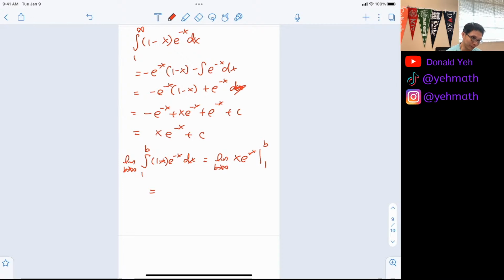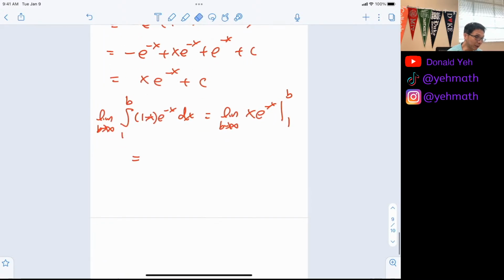All right. Anyway, so that would give you the limit as b approaches infinity of b over e to the b, minus 1 over e. Does that make sense? Now this is actually L'Hôpital's rule, if you pay attention, because it's actually infinity over infinity.